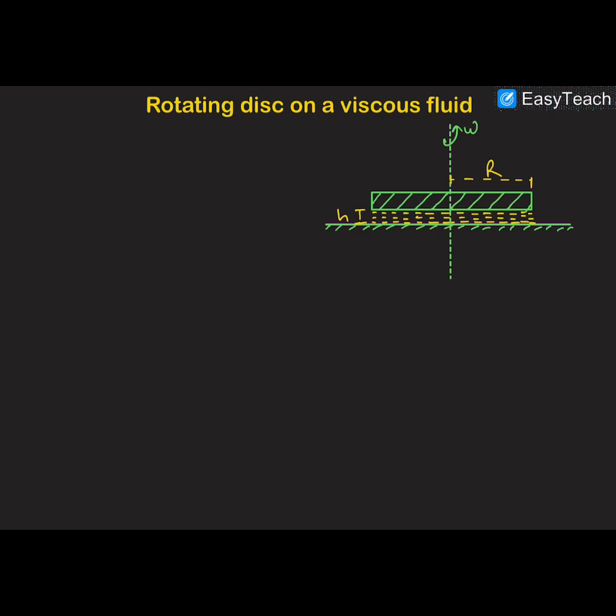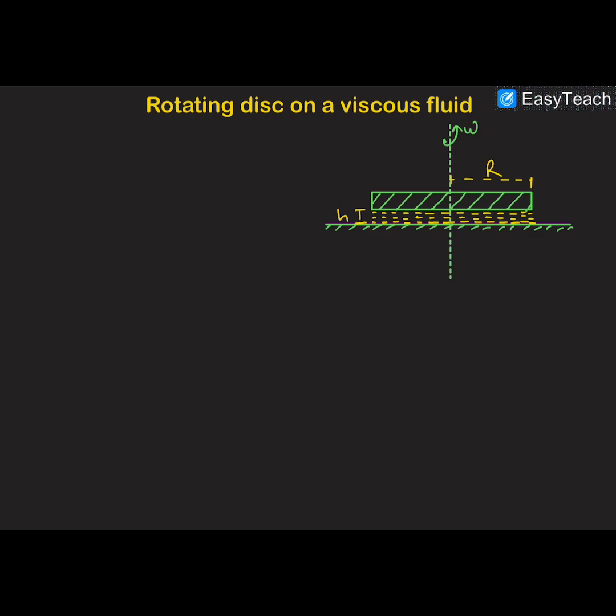In this video, we are going to discuss the second case of viscosity, in which there is a disk kept on a viscous liquid of viscosity coefficient eta, and the thickness of the layer of the liquid is h.